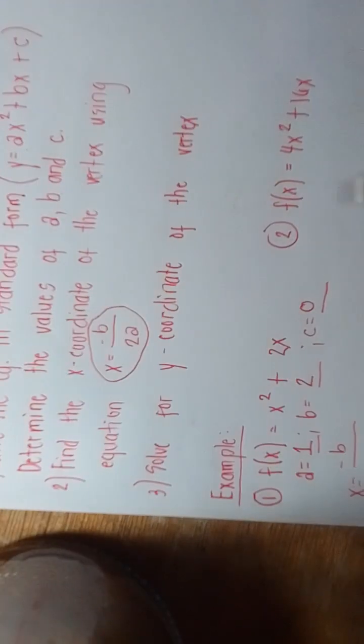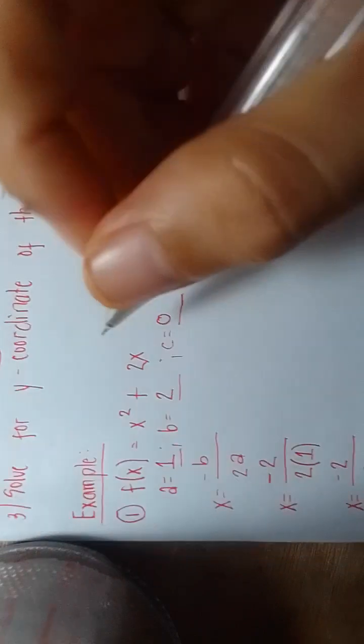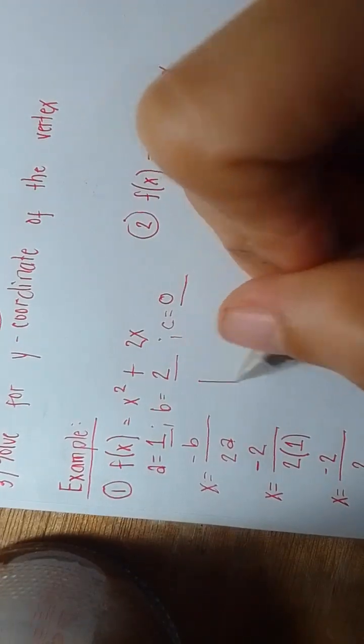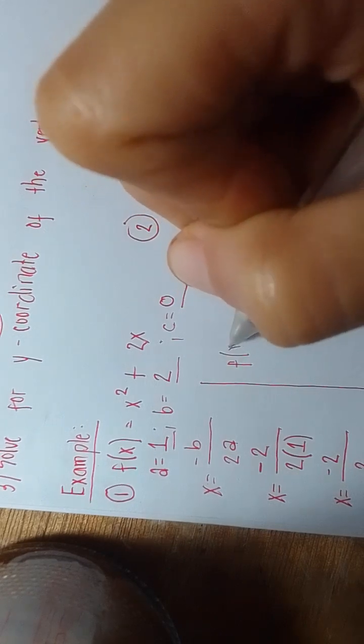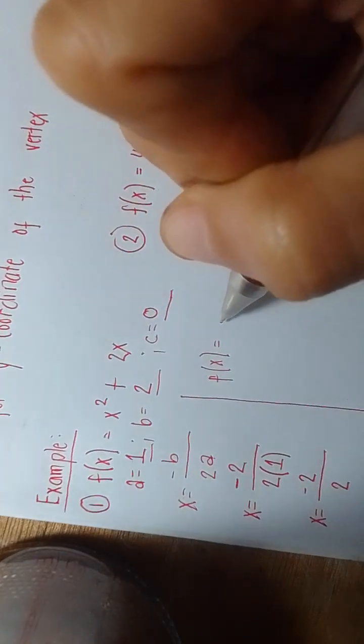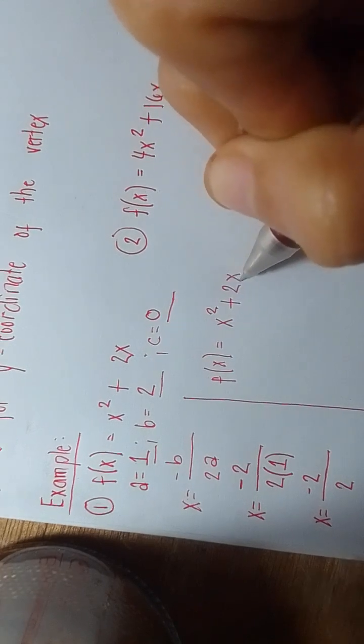So, to solve for the y-coordinate, we use the negative 1 that we found. Substitute it into the given equation in standard form. So, let us write the standard form of the given equation, f of x is equal to x squared plus 2x.